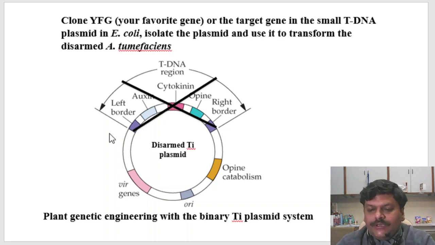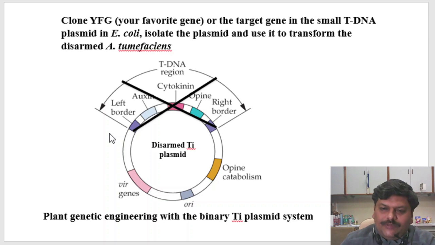What scientists also did was, there is already an origin of replication for Agrobacterium. They introduced one more origin of replication, which is used for replication of this disarmed plasmid in another popular bacterium called E. coli. So this is called a binary vector system, and the plasmid is now a disarmed Ti plasmid.